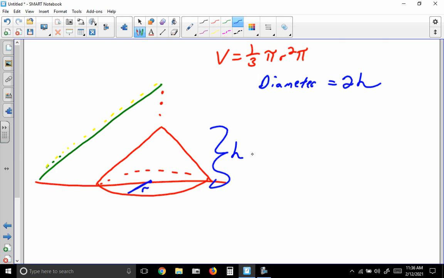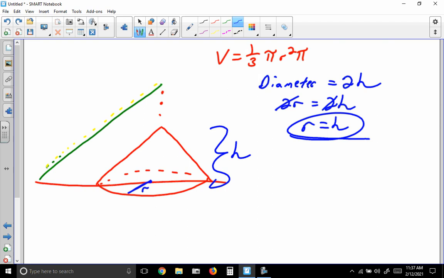This would be the height. So if the diameter is twice the height, remember that the diameter is twice r. So in this case, the radius, oops, I crossed the wrong one. If I cancel the 2's out, the radius and the height are the same.